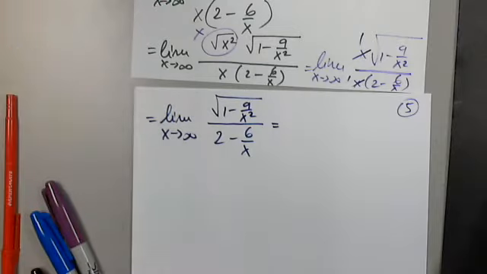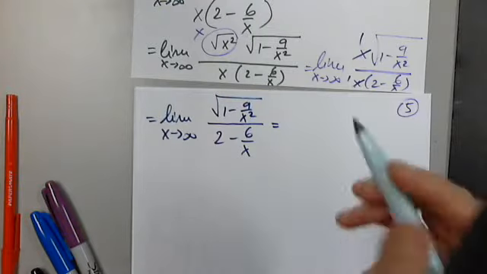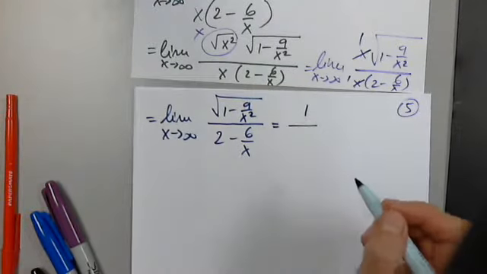Now I can drop the limit operator, because now I apply the limit. So when I drop the limit operator, it means I calculate the limit. So where does the top go to? Very good. Where does the bottom go to?